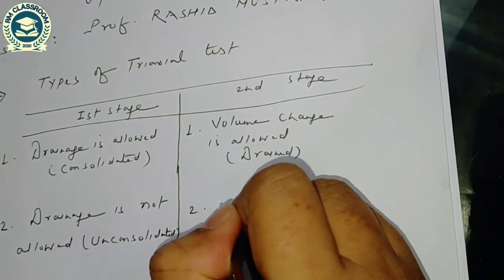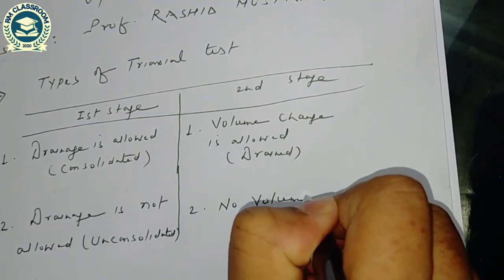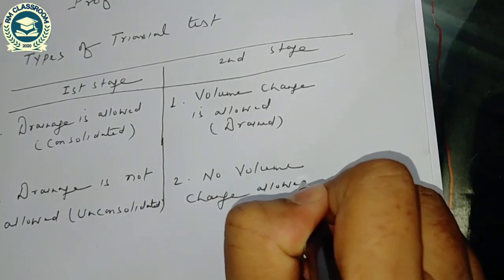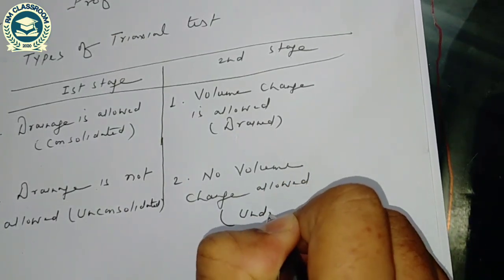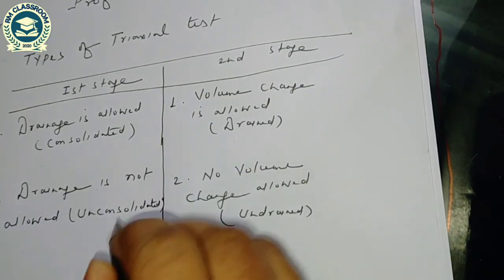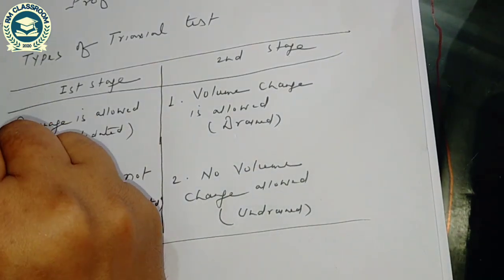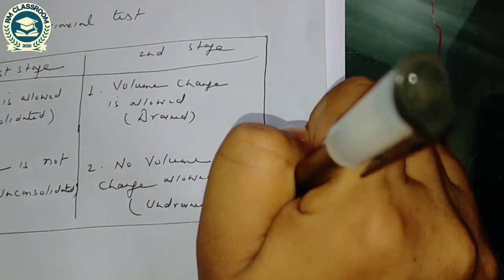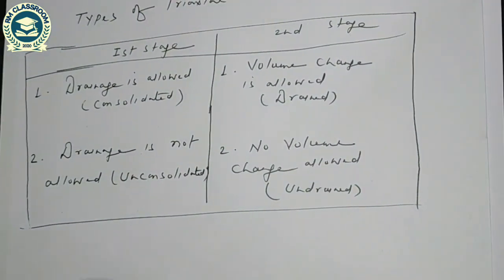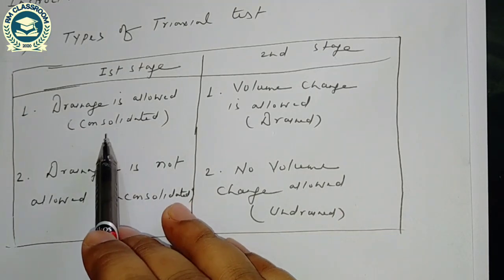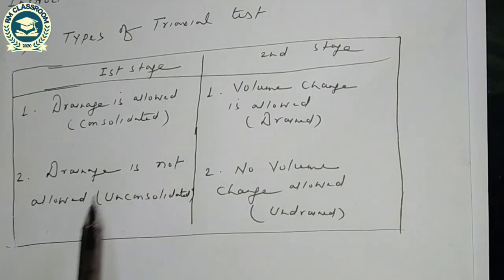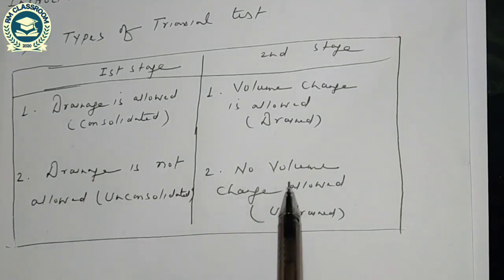And if no volume change is allowed, it means undrained. So these are the possibilities: in the first stage either drainage is allowed, means consolidated, and in the second stage volume change is allowed, means drained. Or in the first stage drainage is not allowed, means the valve is closed, and no volume change is allowed. In both cases the valve is closed.